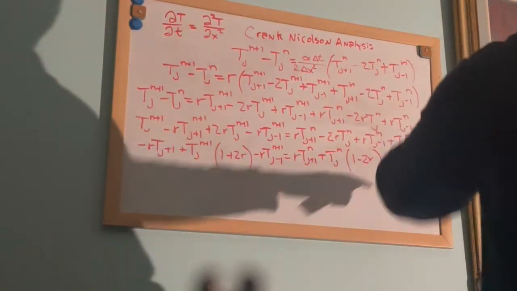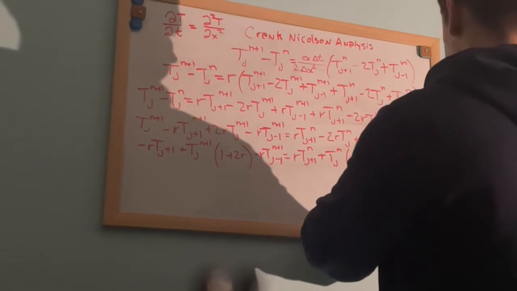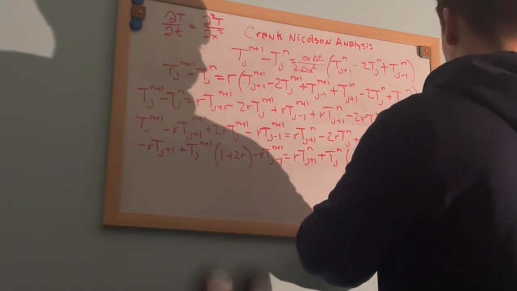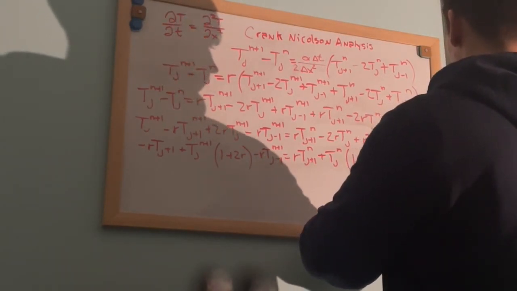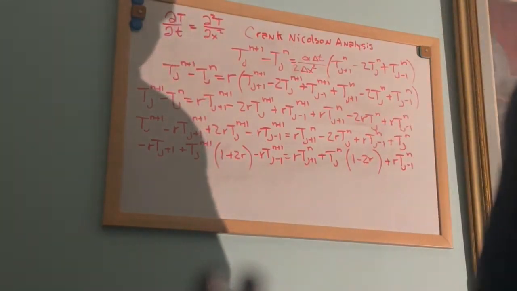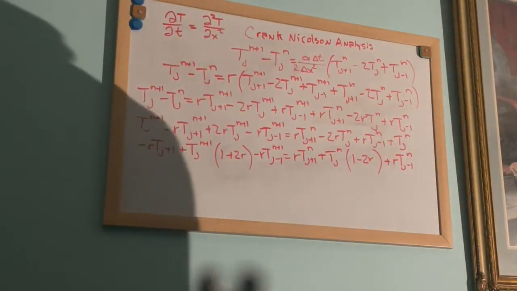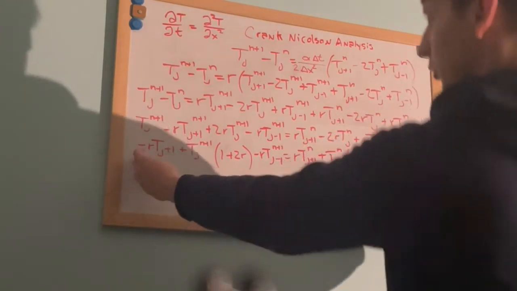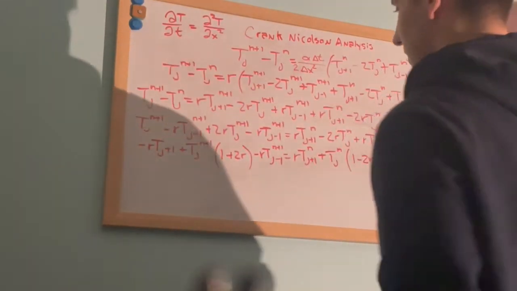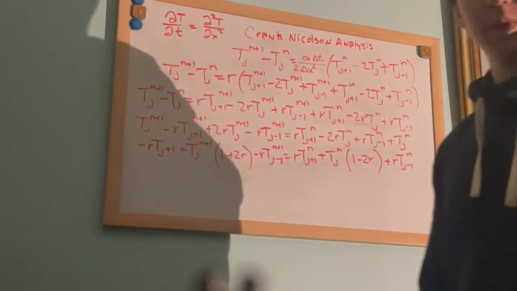And then you would have your last term right there, so it would be plus rtj-1 at n. And for a second here, I'm actually going to pause this because I'm going to move all of this up here because I'm running out of room, and then we will go from there.